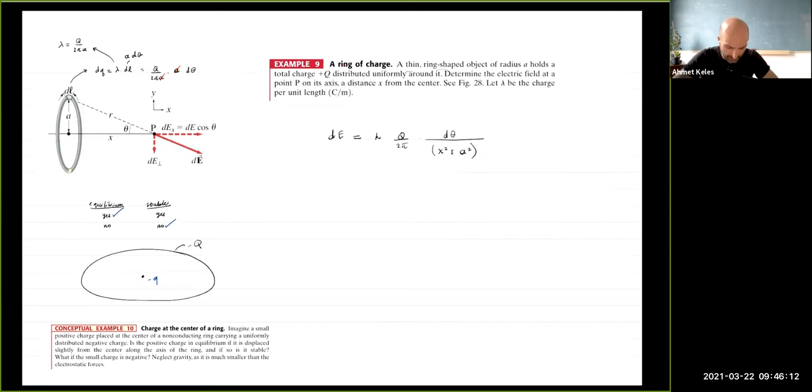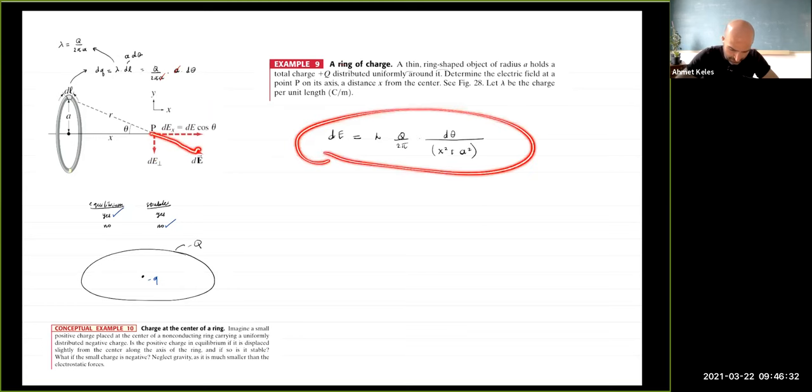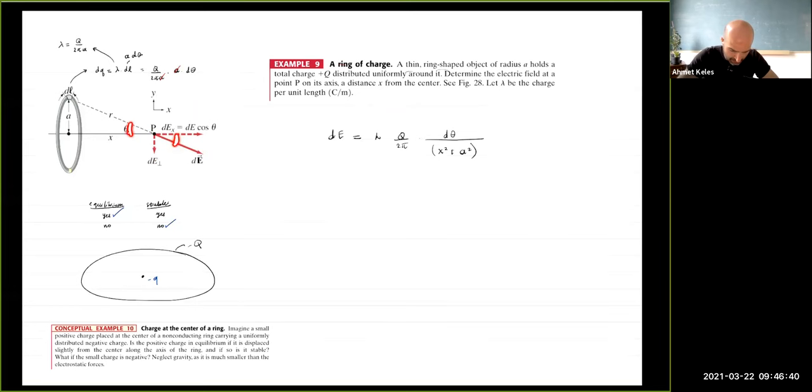So I have to decompose it into its components and integrate the separate components. For this component, it's just the cosine of this angle. So this is dE, and I multiply it with cosine theta to get dE along this direction.